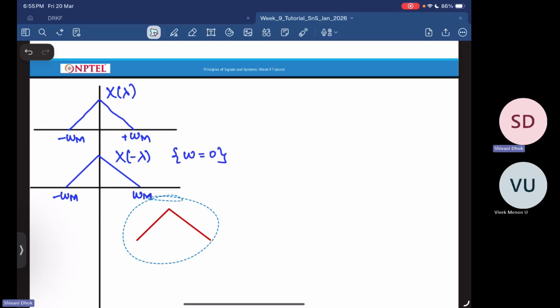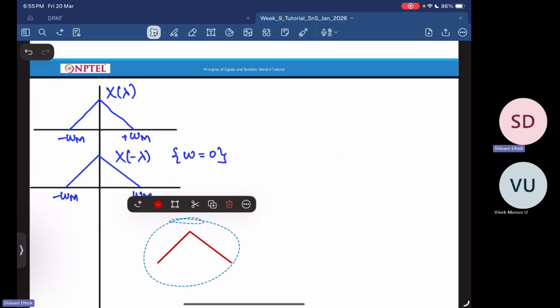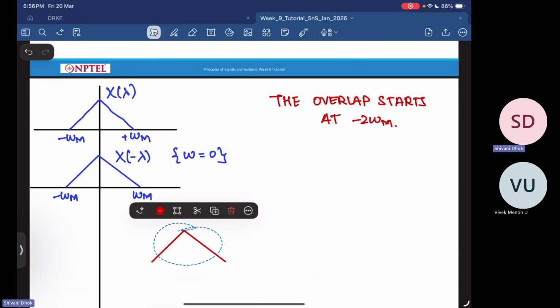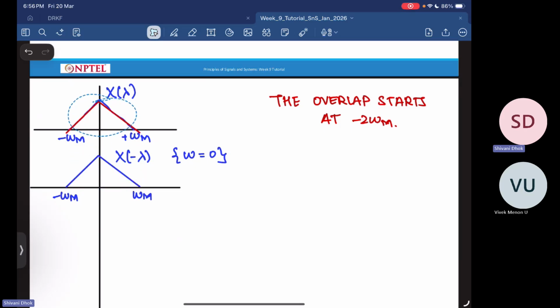So what do we see? We see that the overlap starts at minus 2 omega m. Now again, you are here at omega equal to 0. Now if your omega becomes omega m, you are somewhere here.